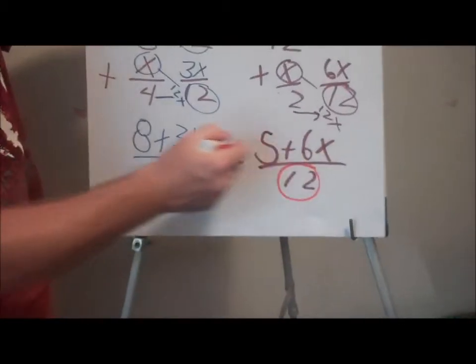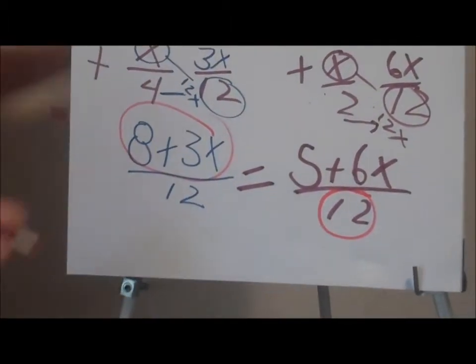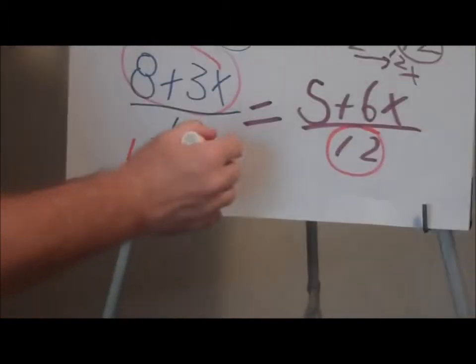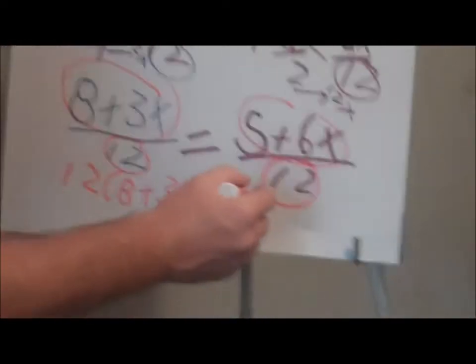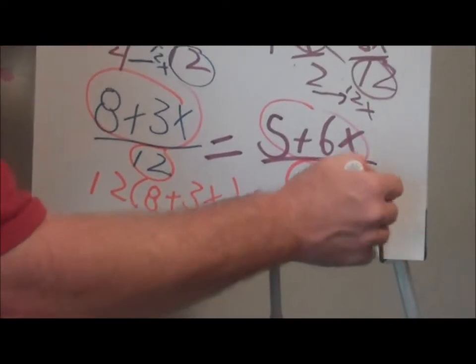And now, if you remember, we have one fraction that we're comparing with another fraction. That's right, we have a proportion. So now all we need to do, ladies and gentlemen, is to go ahead and multiply opposite corners. 12 times 8 plus 3x, and then 12 times 5 plus 6x.